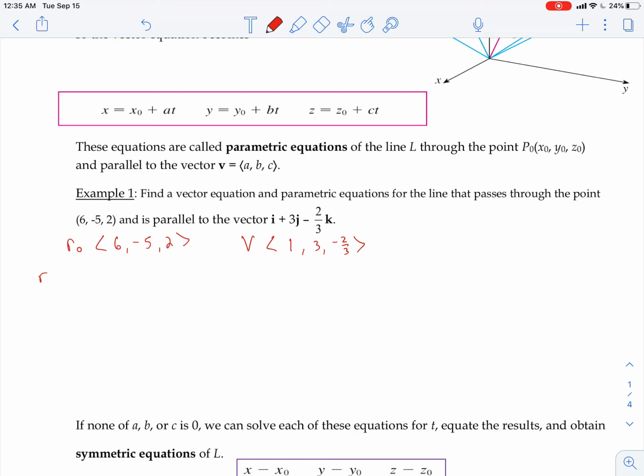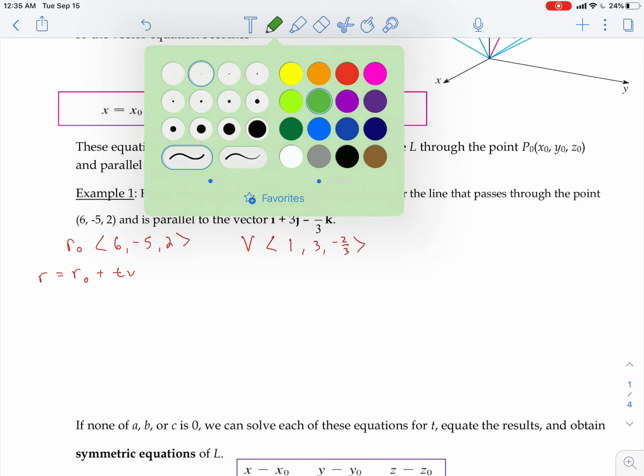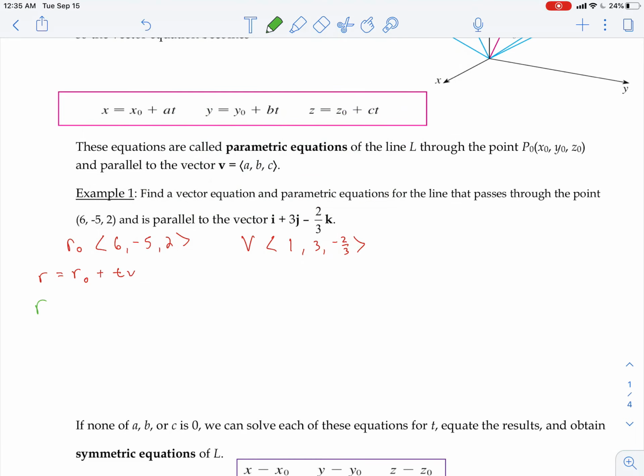So r is going to equal, and here I'll write this out just so that you can see it as I'm writing it. And so now I'll change the color.